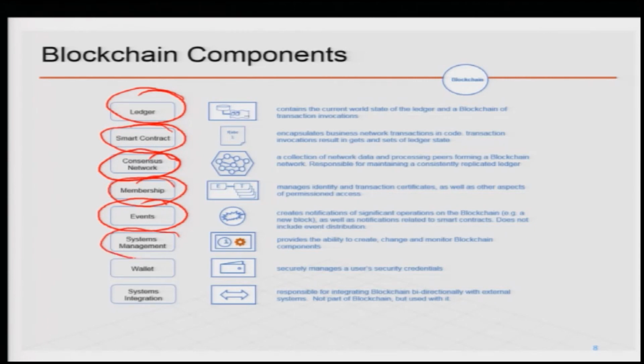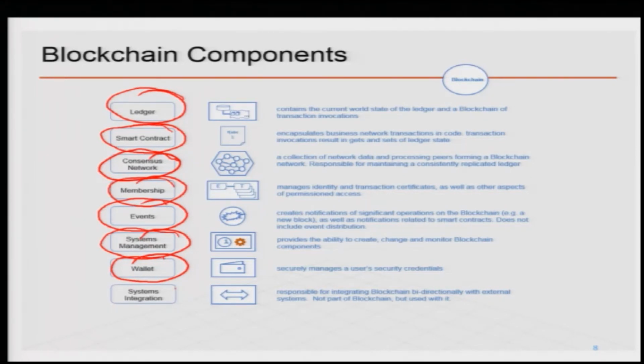And then system management, because there is a network operator who can create, change, and monitor various blockchain components. User wallets: in this case, since we are not talking about a cryptocurrency blockchain, it's not about money in the wallet, but the wallet contains the user's security credentials, which could be a digital certificate, a username and password, or whatever the information is.